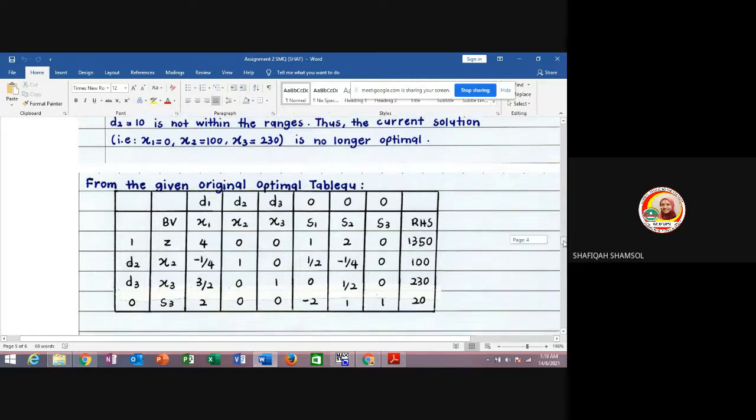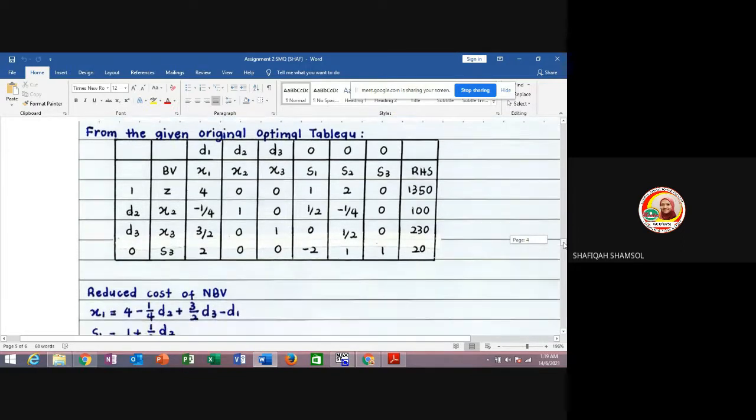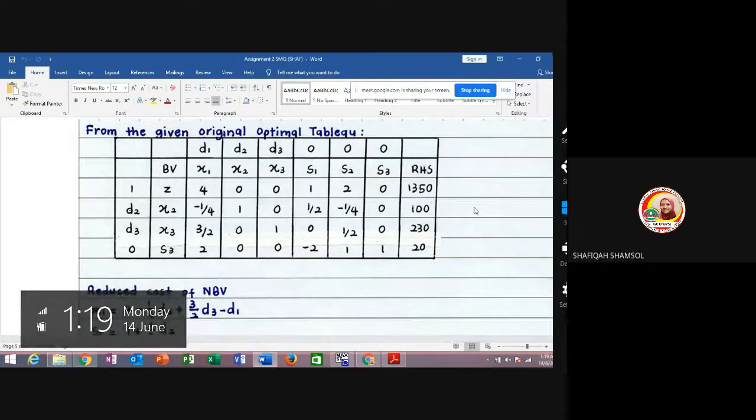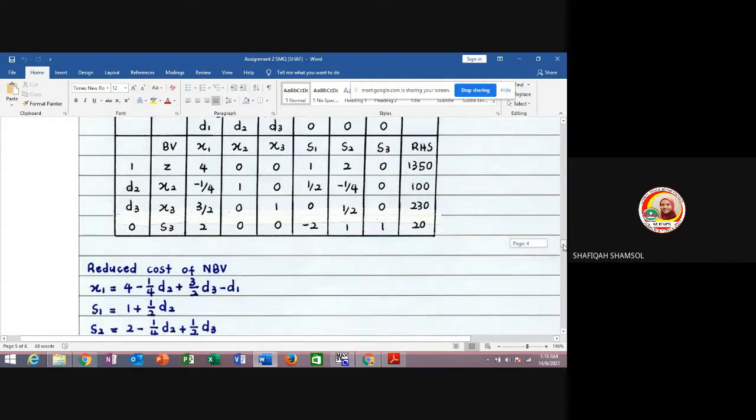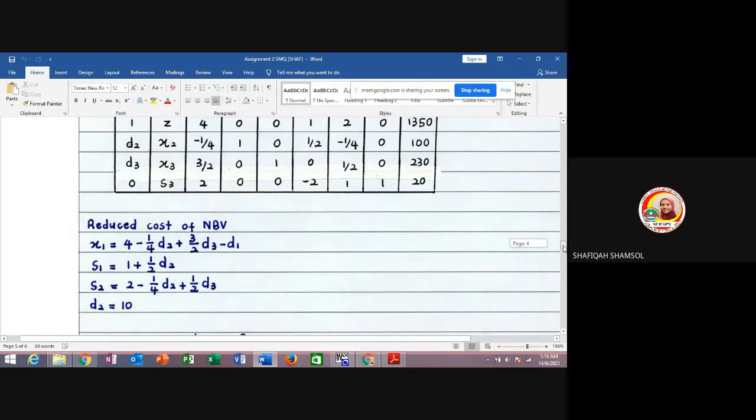This is from the given original optimal tableau. As you can see, this is the modified problem that we write in terms of D1, D2 and D3. After that we must find the reduced cost of the NBV.